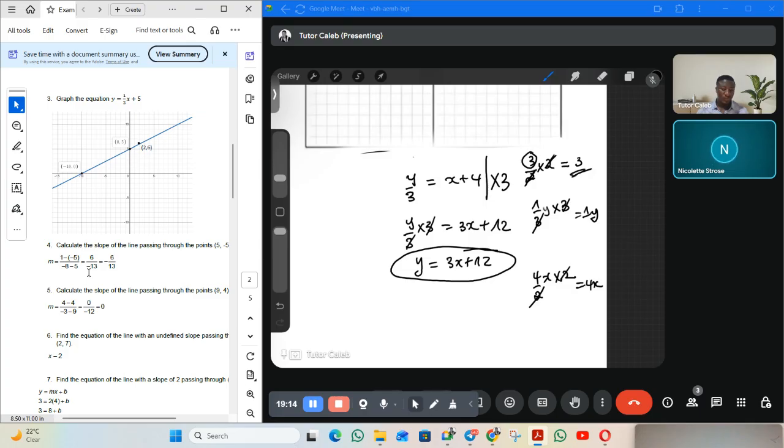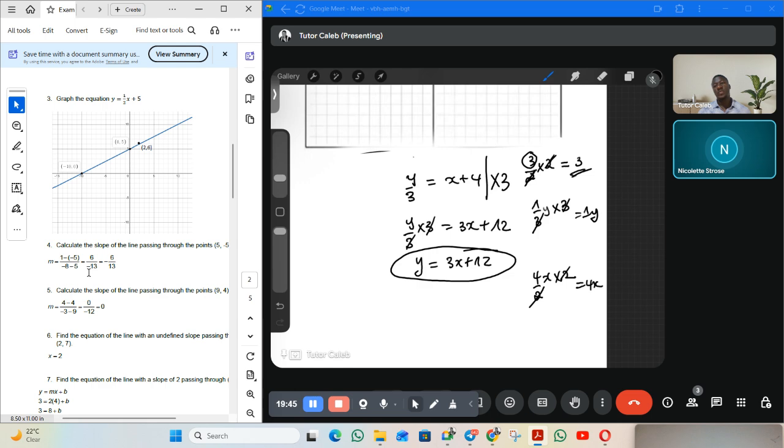Okay. And what do we do with that? Now you can use the equation to solve whatever they ask from you. They can ask to graph, they can ask to do slope, whatever they ask. For example, in question 3, they ask you to graph it. Can you go to question 3? What does question 3 say?